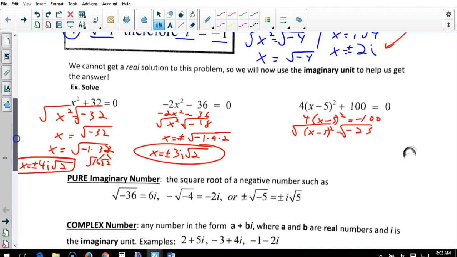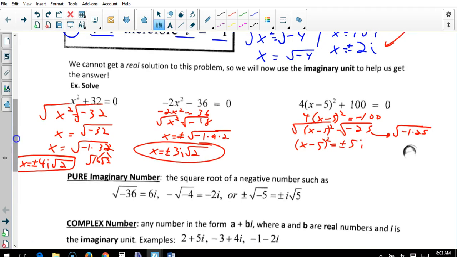Square root both sides, and we're left with x minus 5 equals, now remember, this is really negative 1 times 25, so you can write it that way also. So you could go right to this, whatever your comfort level is, and that's going to come out as plus or minus 5i. Square root of 25 is 5, square root of negative 1 is i.